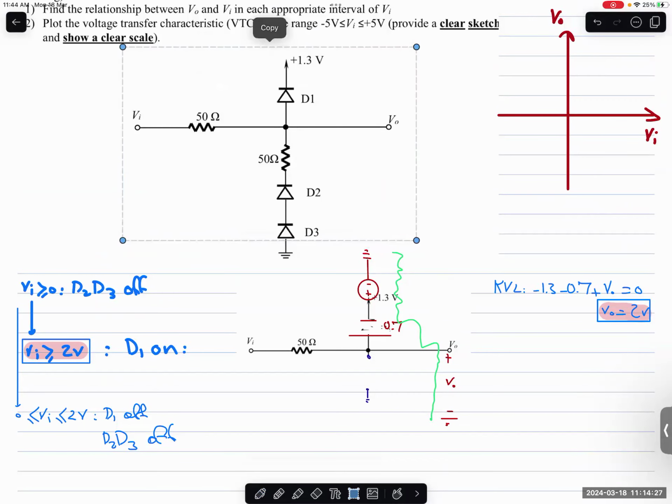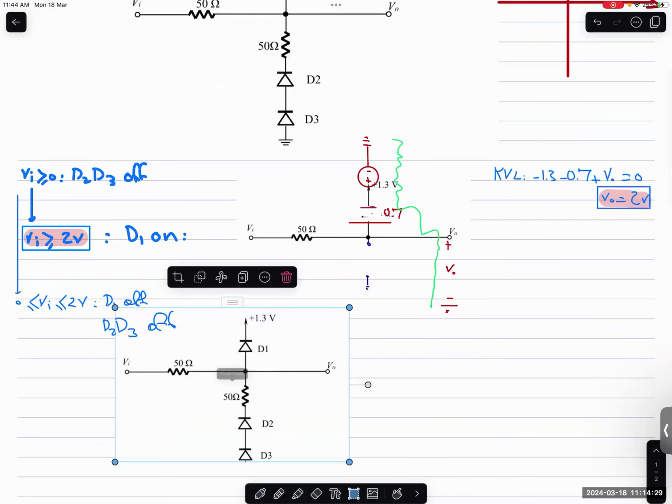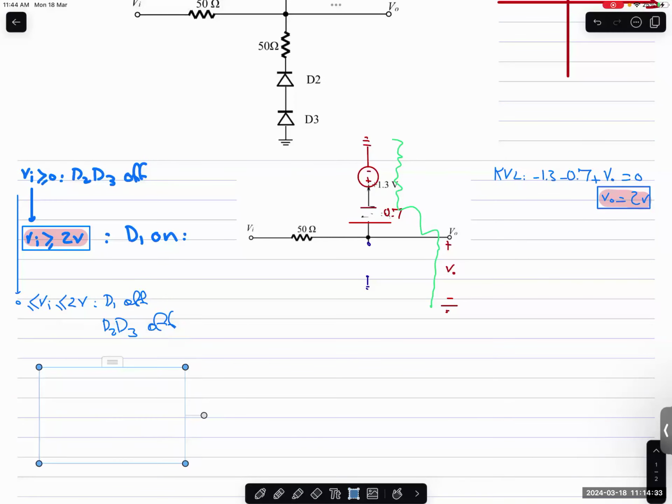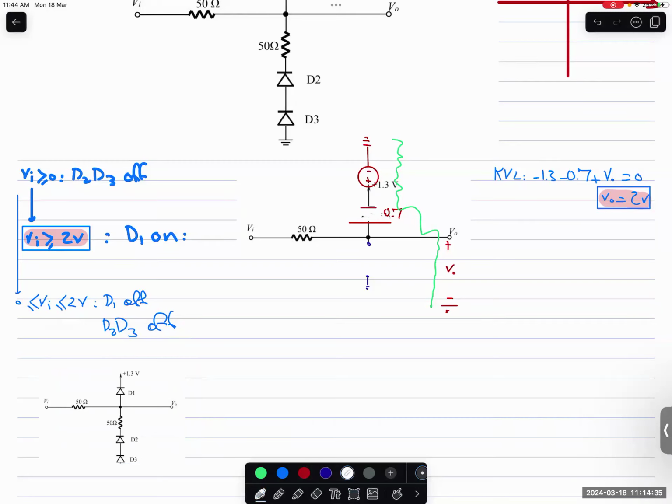Okay, so here, if you check it, D1 is off, D2 and D3 are off. I don't care about them. So this part is as if it is gone. It doesn't have any effect.